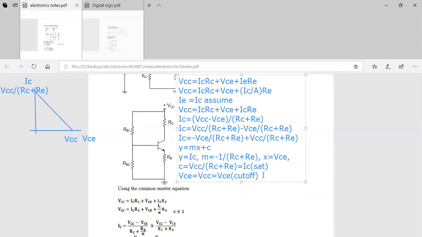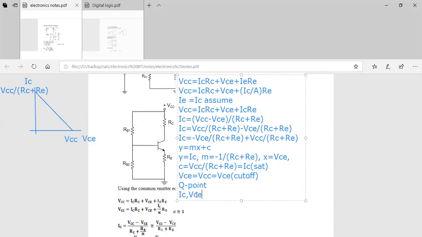The operating point, usually we also talk about the operating point, which is basically the Q point. This point is given by the values you are getting for IC and VC, those values we calculated up there.